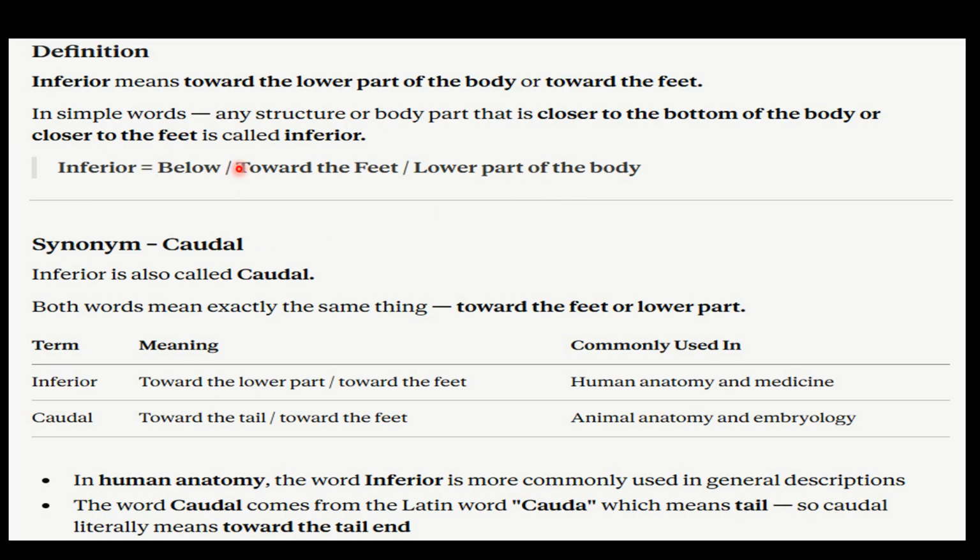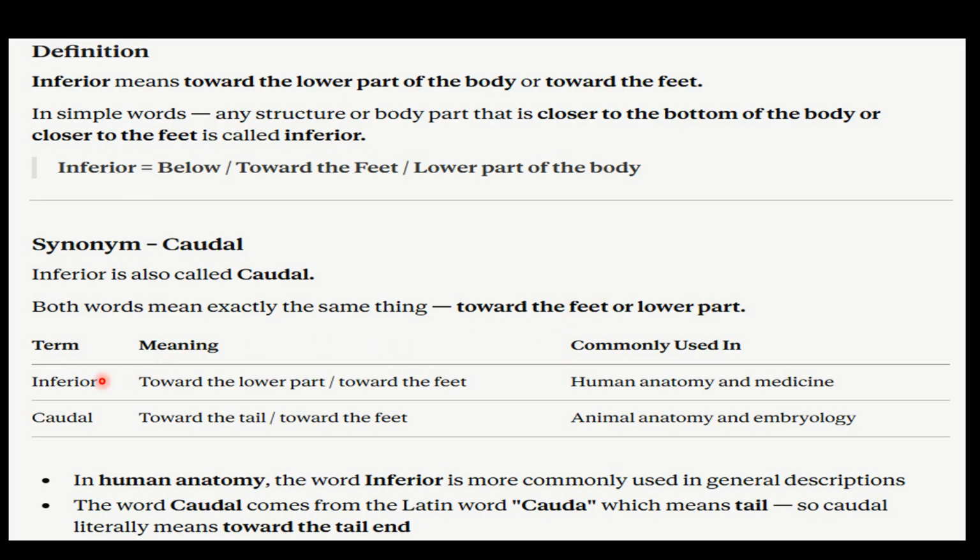Now the synonym of inferior is caudal. The meaning is the same in both cases, toward the feet or lower part, but it is used in different contexts. Now I'll tell you what the context is.